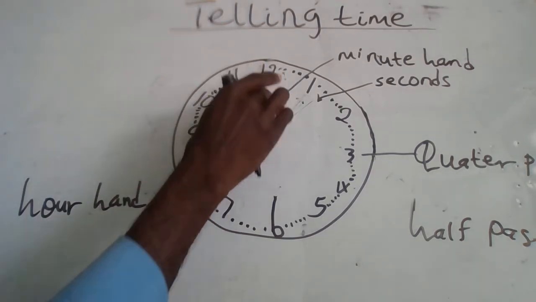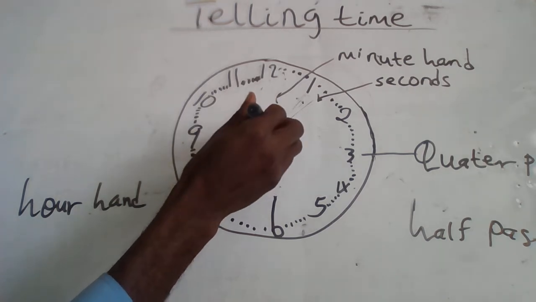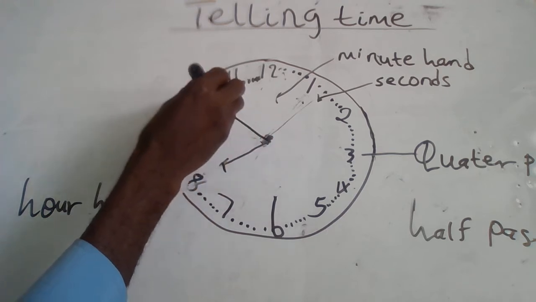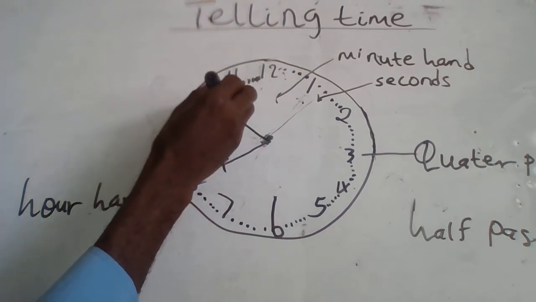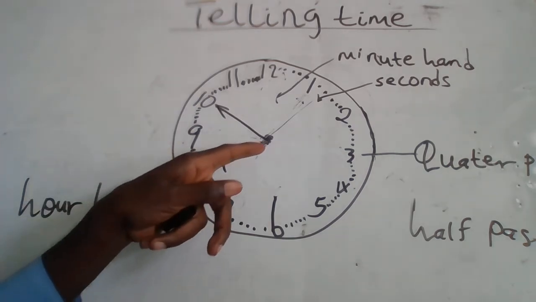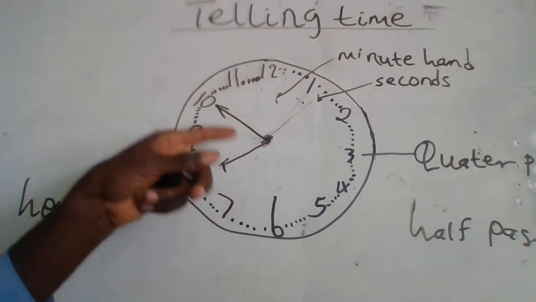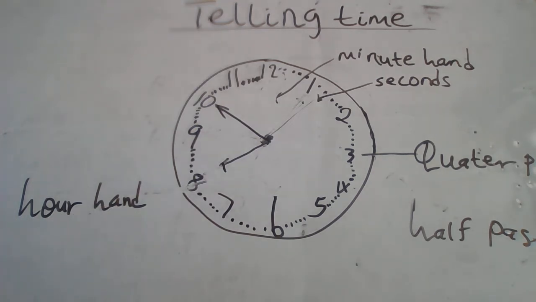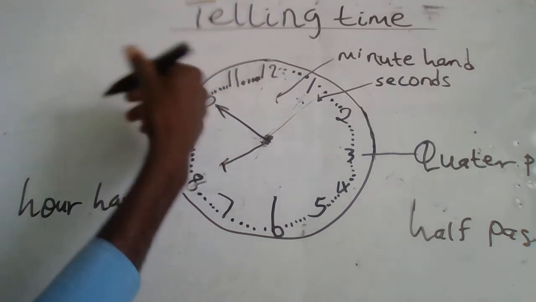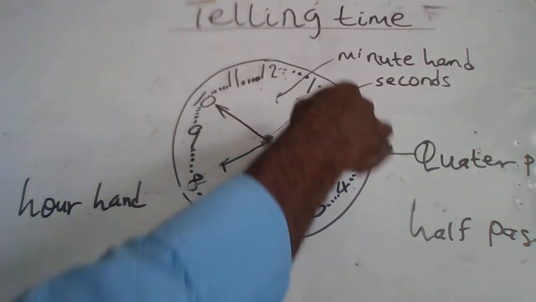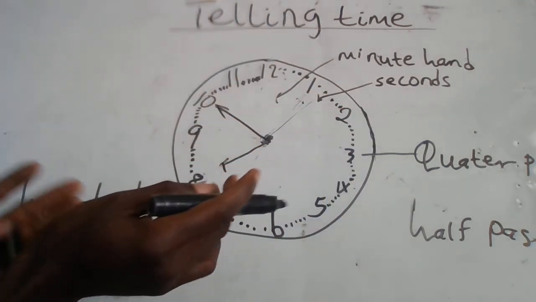Now, another thing is that some people find it difficult to say how many minutes are remaining to go to another hour. I remember a student saying that it is 50 minutes past 7. In that case, you can do the calculation. We say that we have 60 minutes in an hour.